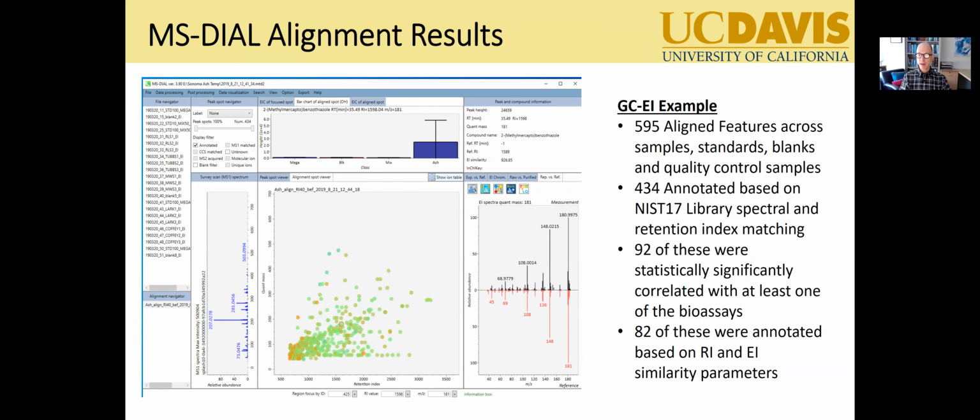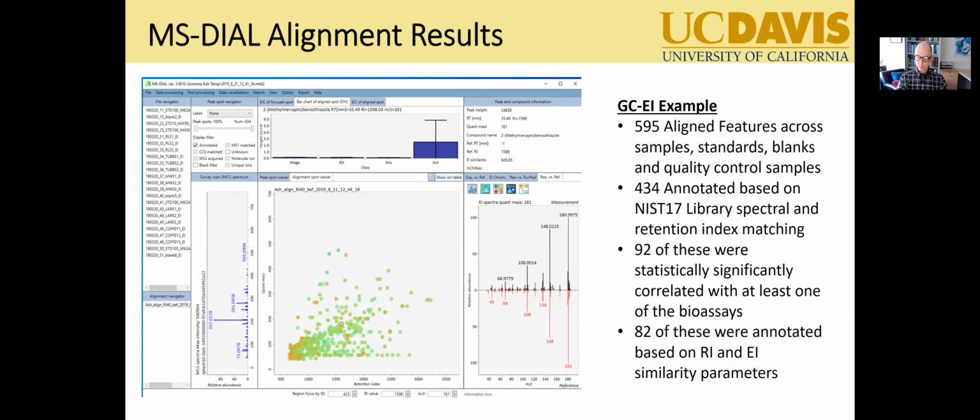And so this is evidence that this compound is real and found in the ash. On the bottom right, you see the EI mass spectral match, and you see what the retention index was on the top right. You see an EI similarity score on a scale of 1,000. So this is a pretty good match of a non-target feature.